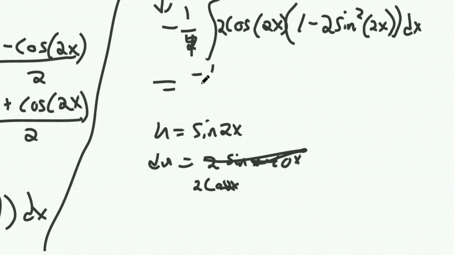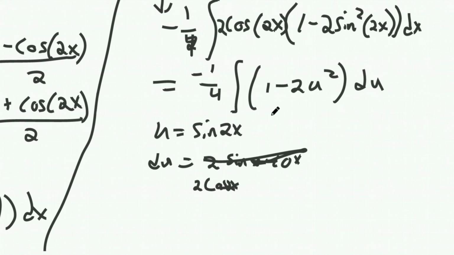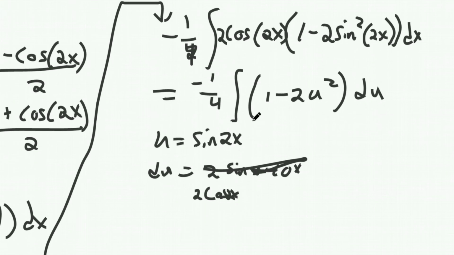So this is negative 1/4 the integral of, this is our du, so I'm going to put that in the back. This is 1 minus 2u squared du. And so that's an antiderivative we can evaluate, right? Because that's, again, we can use the linearity property.